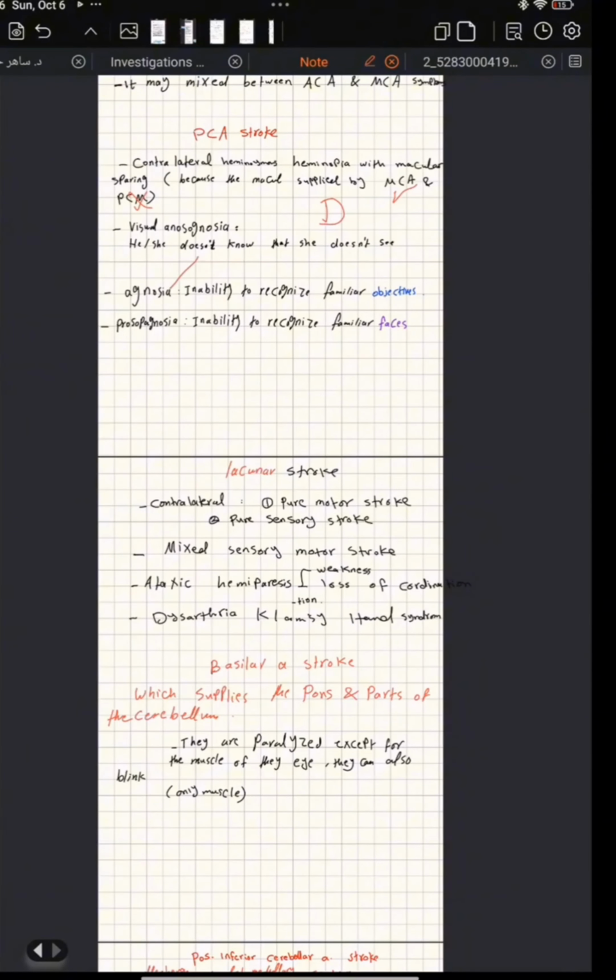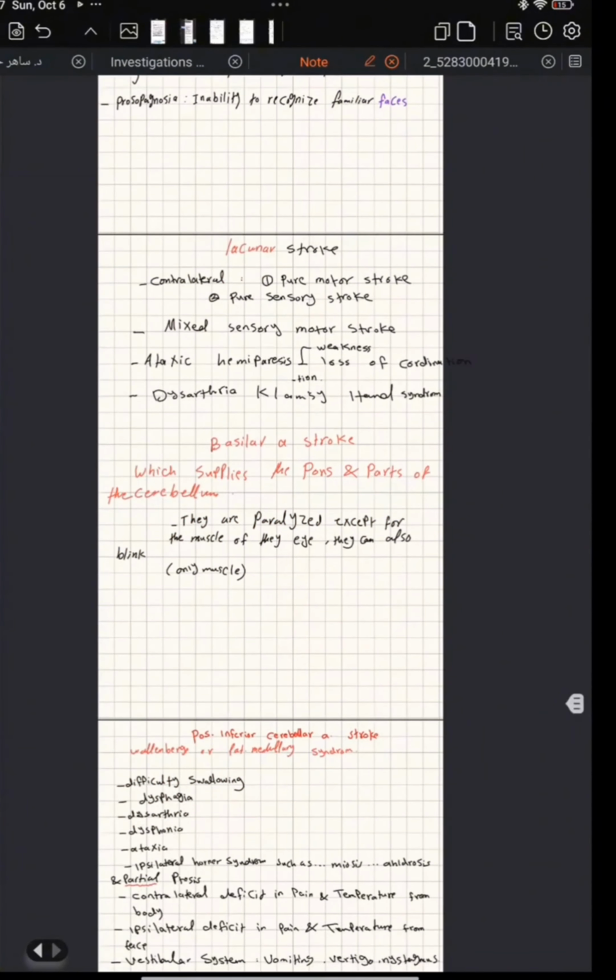There is mixed sensorimotor stroke. There is ataxic hemiparesis, weakness and loss of coordination. There is dysarthria, clumsy hand syndrome. All these symptoms are useful in the cases, for us as last year medical students, because there are lots of cases in the exams.